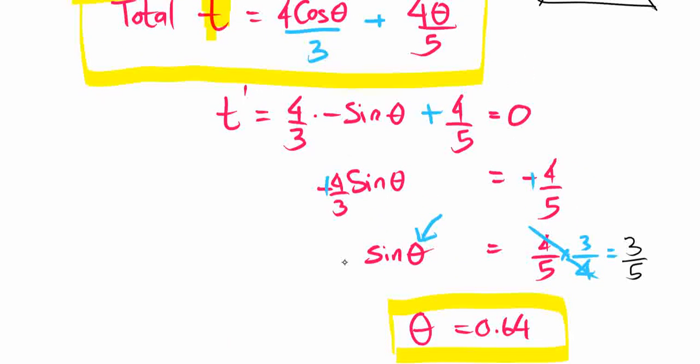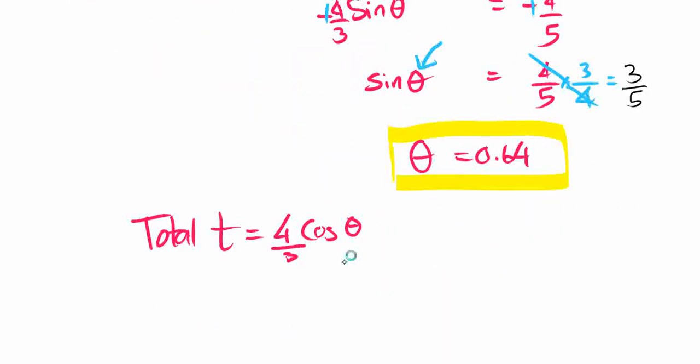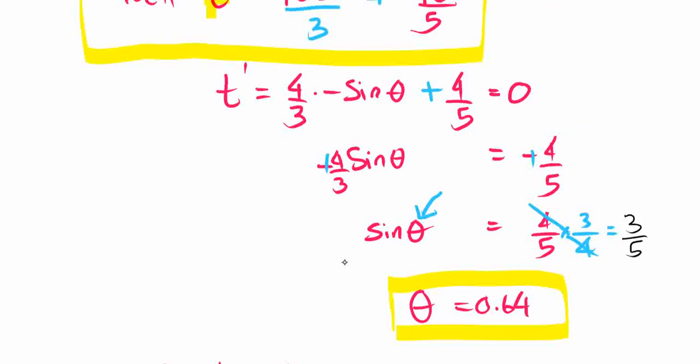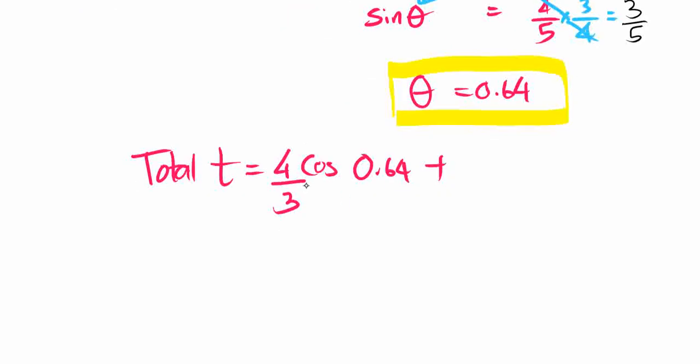Copy from here: 4 cosine theta over 3, where theta is 0.64, plus 4 theta over 5, so 4 over 5 times theta, which is 0.64.